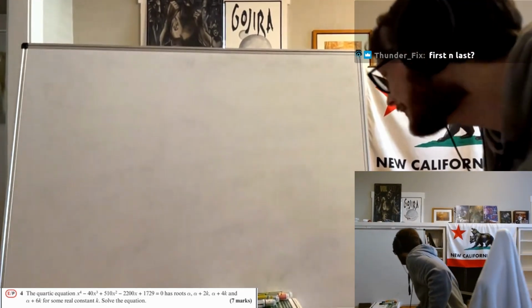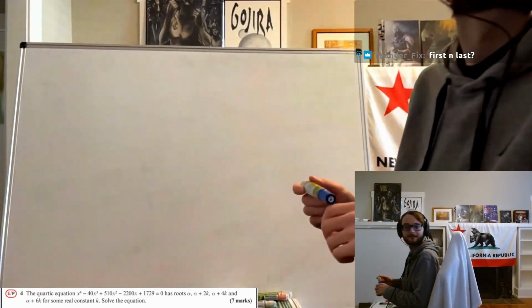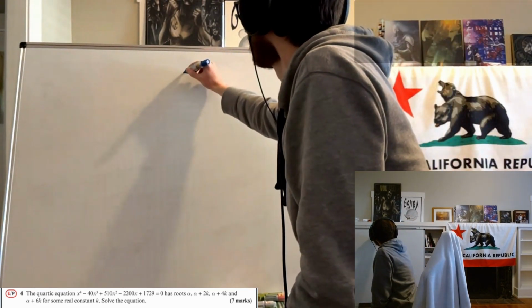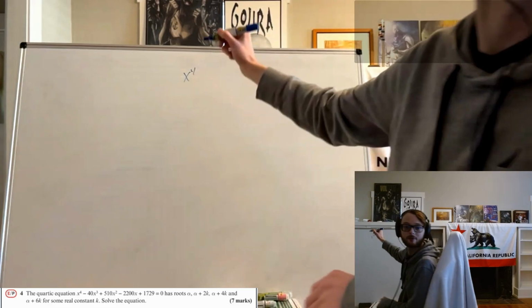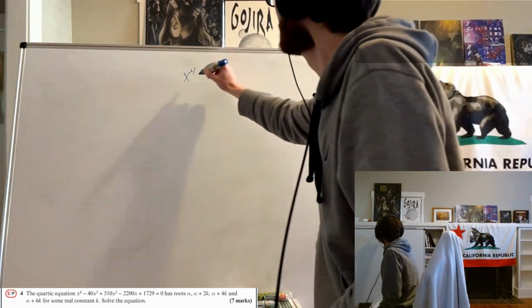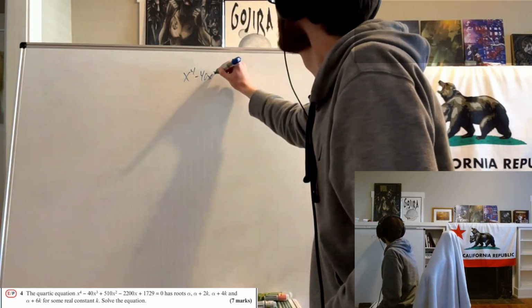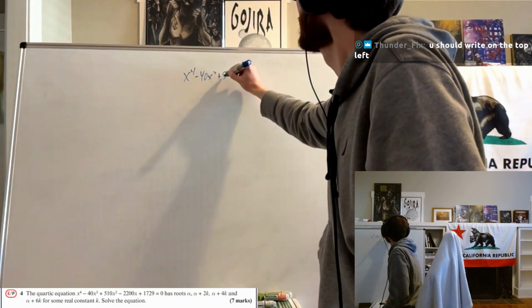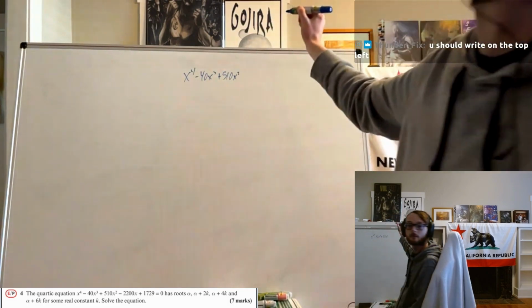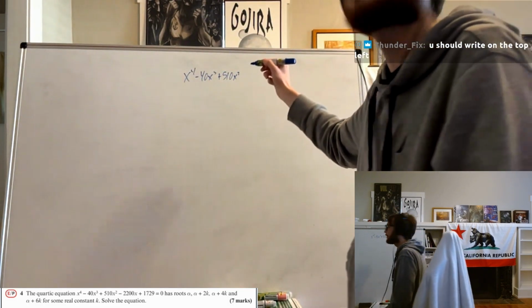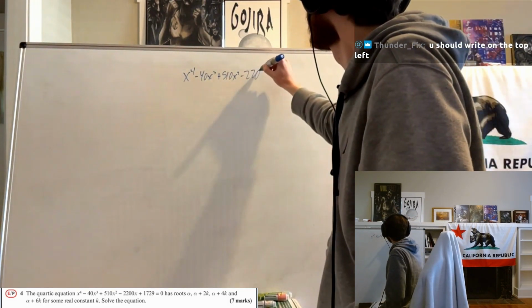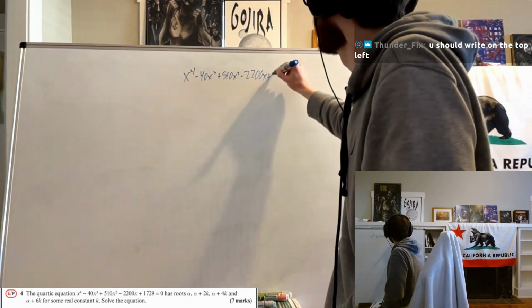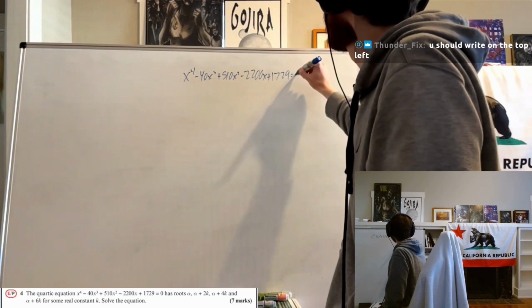Okay. So x to the 4th minus 40x cubed plus 510x squared minus 2200x plus 1729 equals 0.